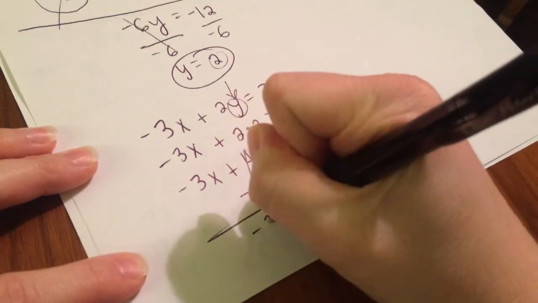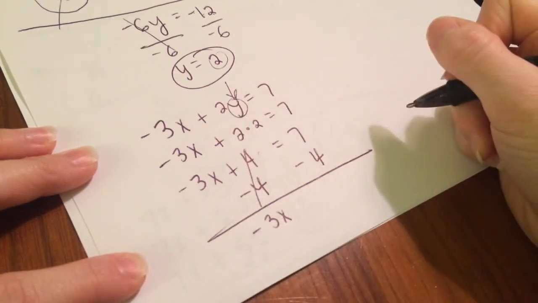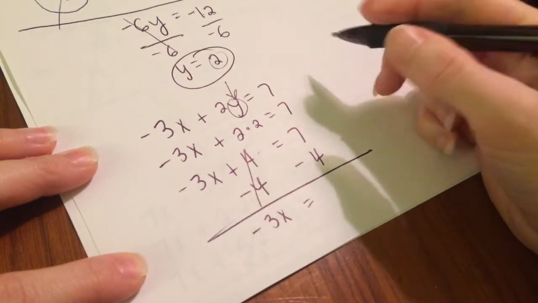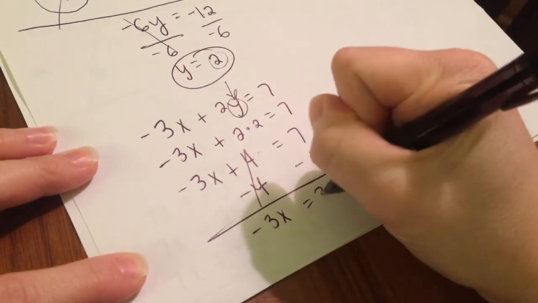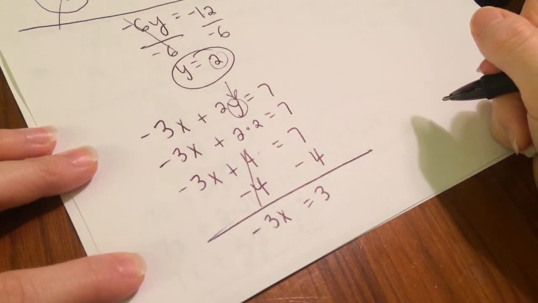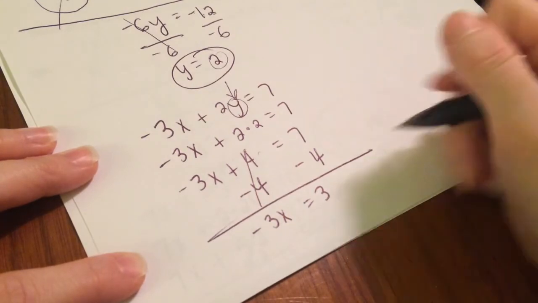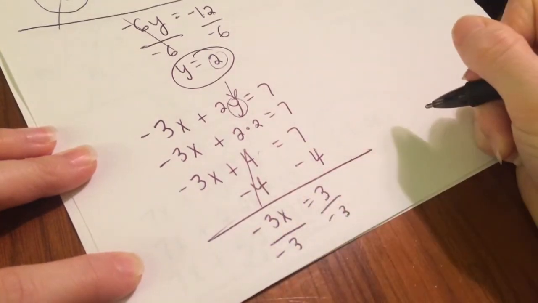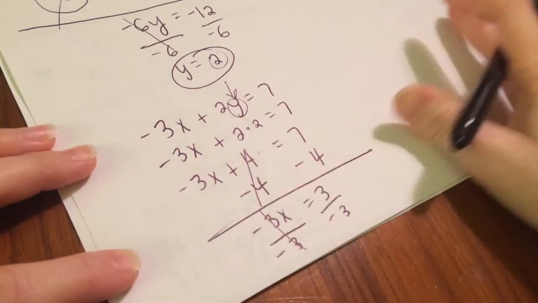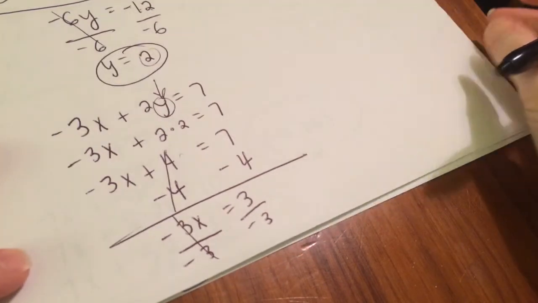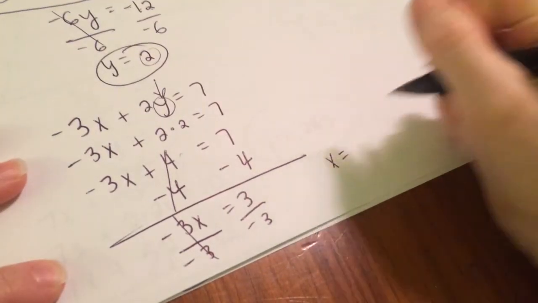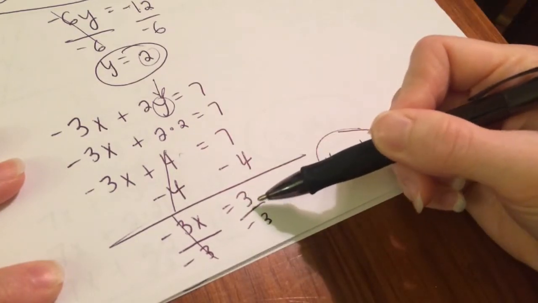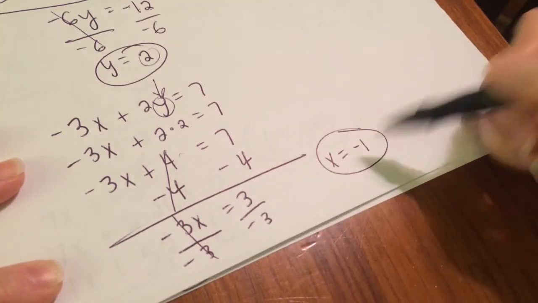And then we have negative 3x equals 7 minus 4, which is 3. Then we divide by negative 3 on both sides to get rid of the negative 3 with the x. And we're left with x equals negative 1, because 3 divided by negative 3 is negative 1.